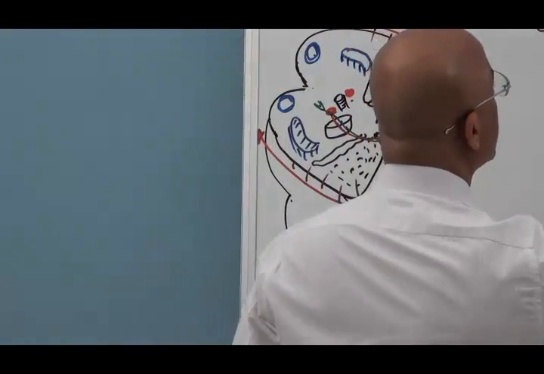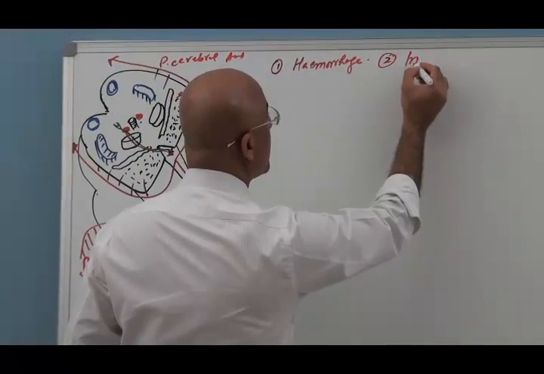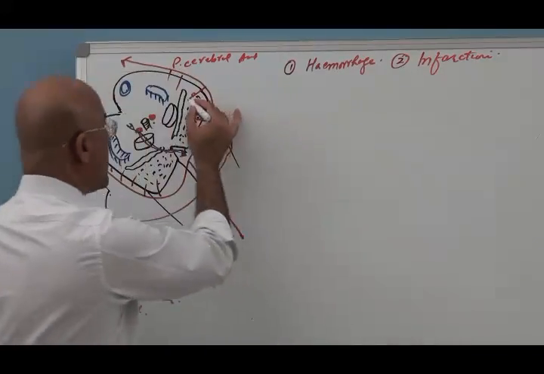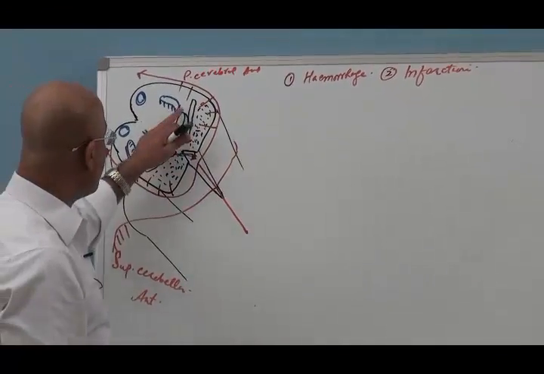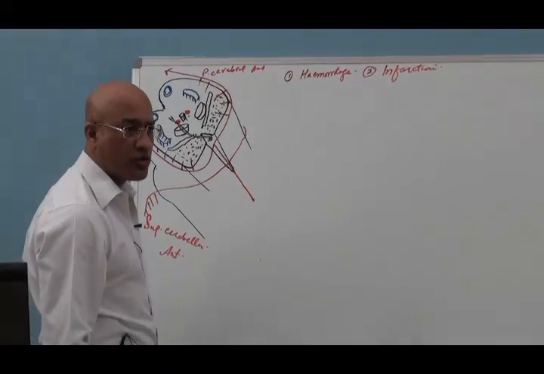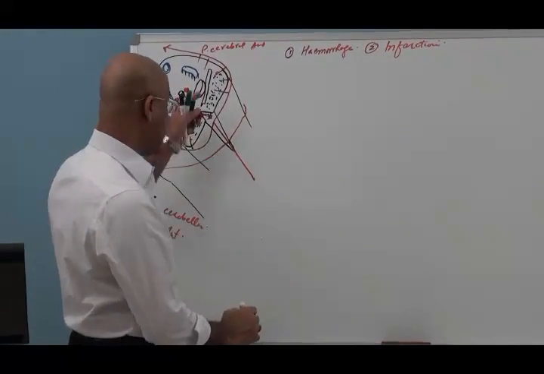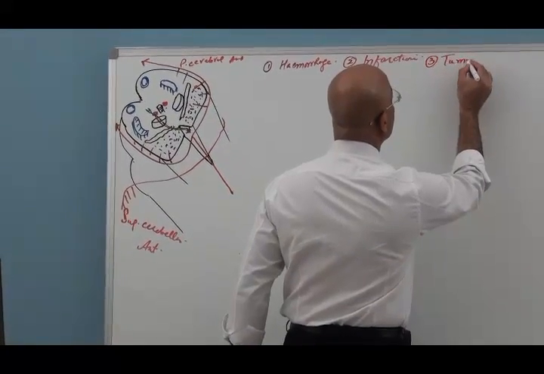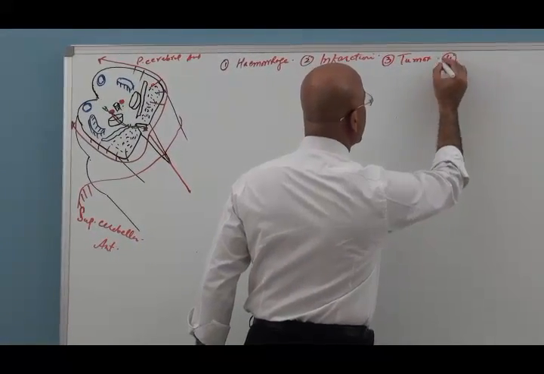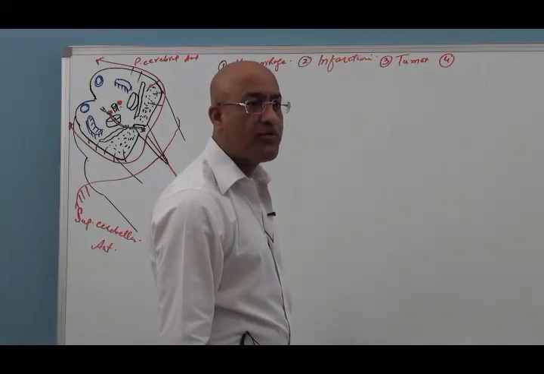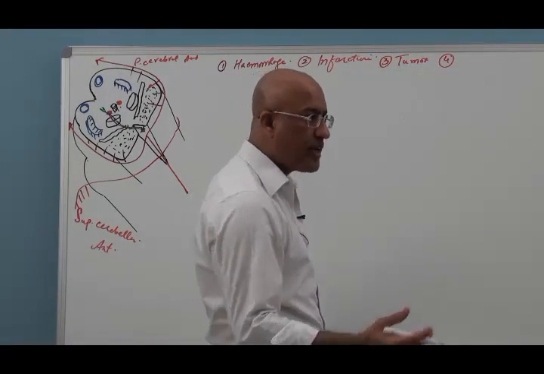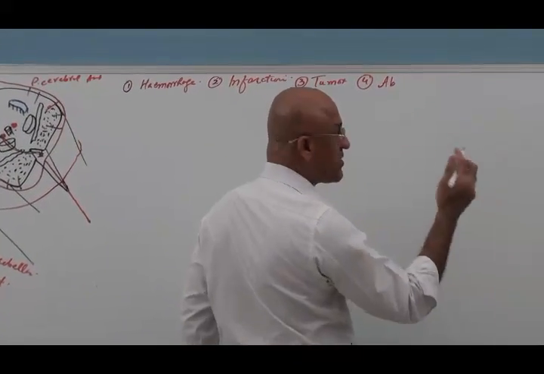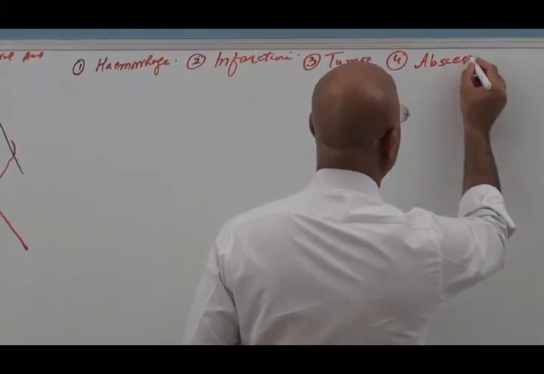Then we can say the other cause can be infarction. Infarction means that due to ischemia, some part of the midbrain here undergoes necrosis or death, right? Or there can be a tumor, or there can be some infection, and that infection may produce a small abscess, a pocket of pus, right?